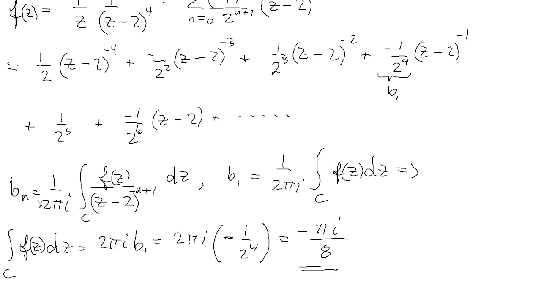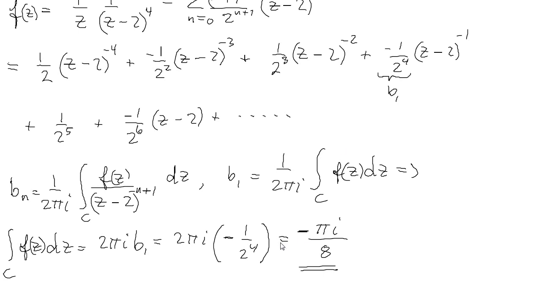So now I have the general expression for these bn coefficients. It looks like this, and in particular when n is equal to 1, I have this residue given by 1 over 2 pi i times the integral of the function f of z.